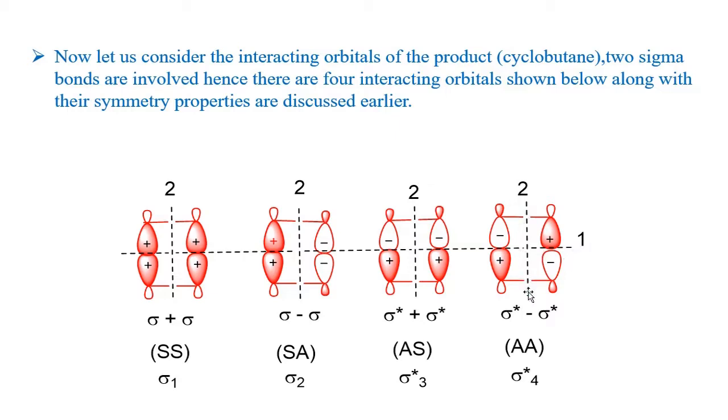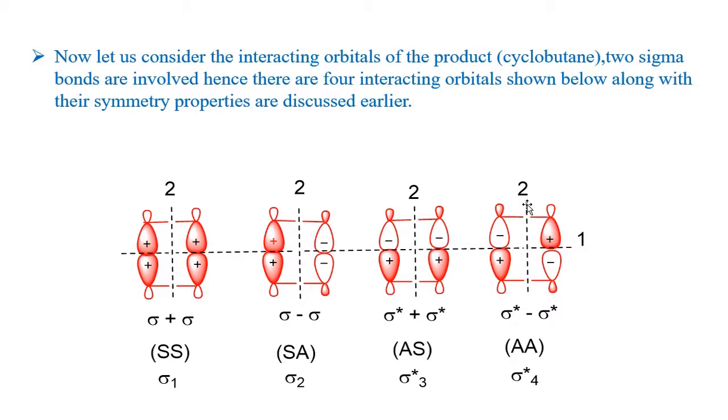And if you place a vertical plane here, this half is not identical with this half, so it is not the mirror image to each other, so it is anti-symmetric with respect to vertical plane of symmetry. And so we had already determined the symmetry properties of interacting molecular orbitals of ethylene molecules, and also interacting molecular orbitals of cyclobutane molecule with respect to horizontal plane of symmetry and vertical plane of symmetry.